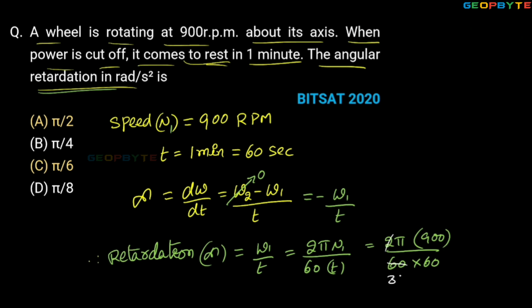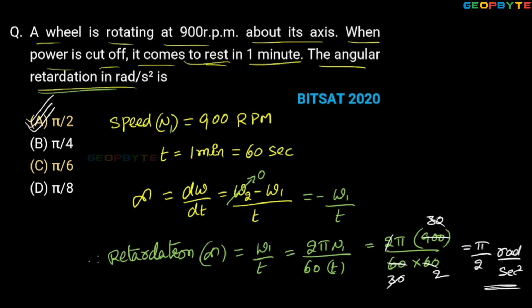This is simply pi by 2 radians per second square. Radians per second square, that is the unit of angular retardation. Right, look at option A. Option A itself is absolutely correct.